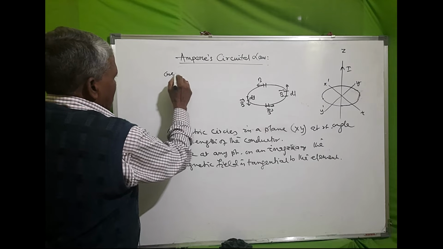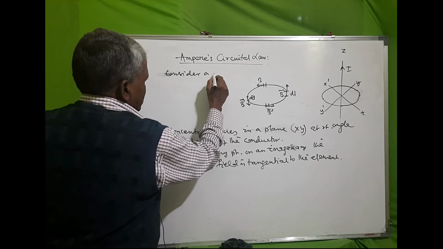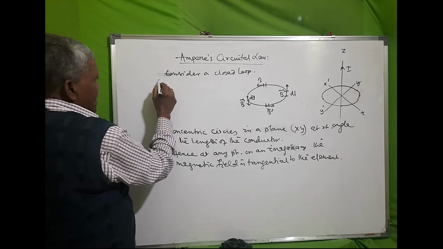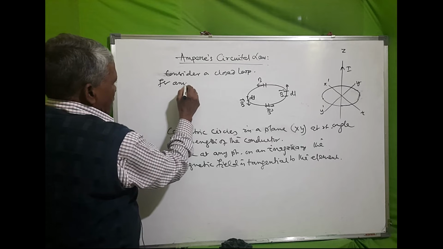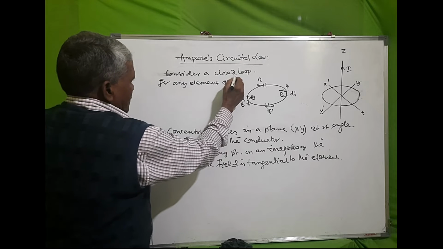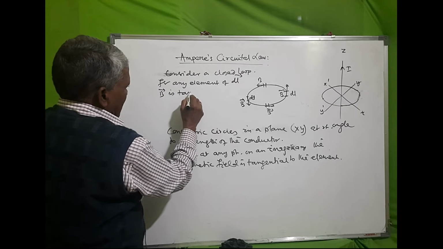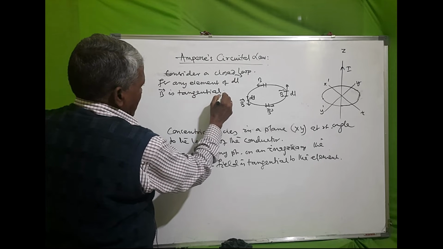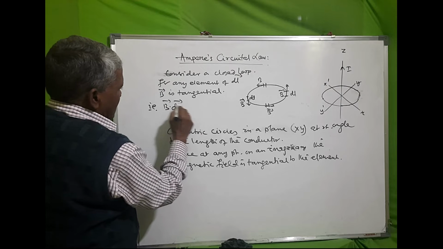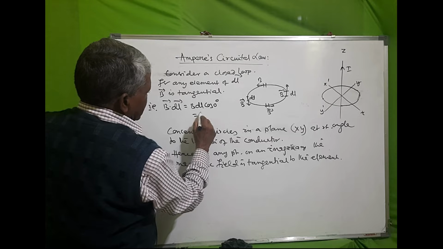Consider a closed loop or a closed path. For any element of length dl, B is tangential, that is B dot dl is equal to B dl cos 0, that is B dl.